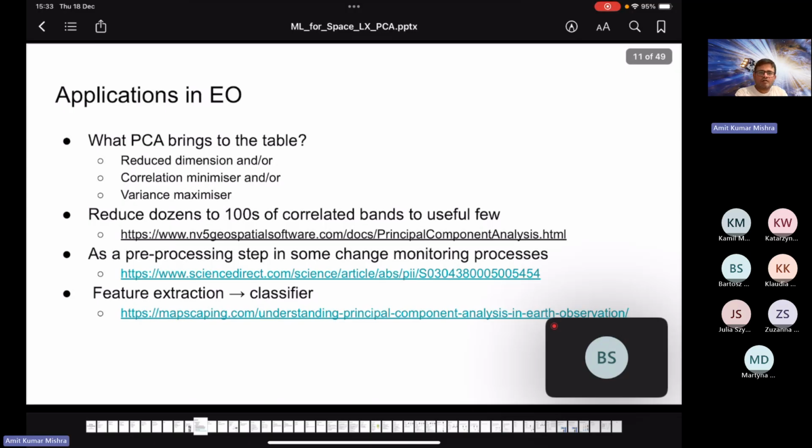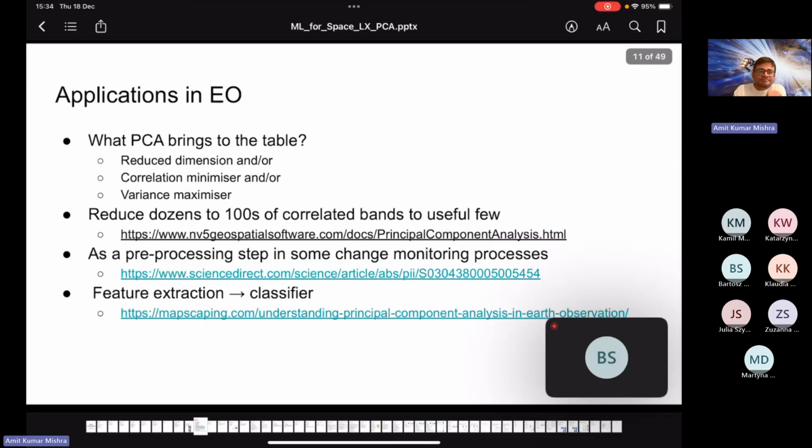For example, depending on what sensors you have, multispectral data may have dozens of bands, and hyperspectral data may have hundreds of bands. Then the data processing becomes quite hectic. So you can use PCA to reduce the dimension of multispectral and hyperspectral data.